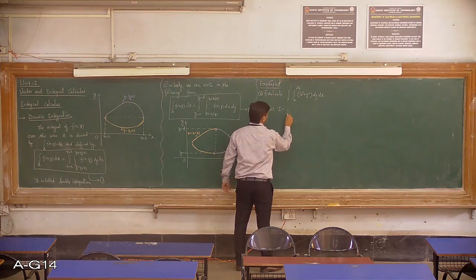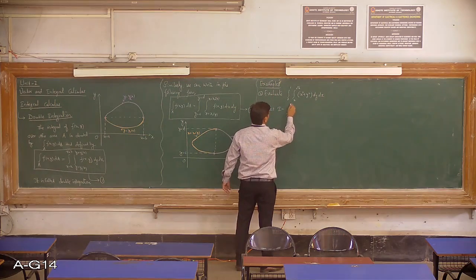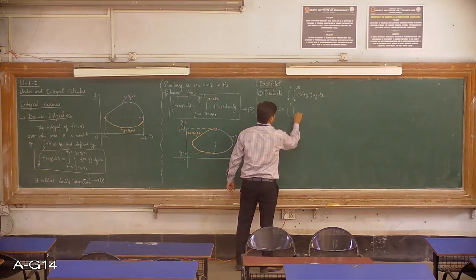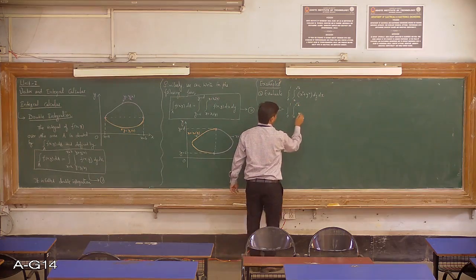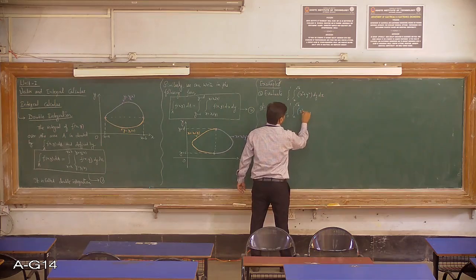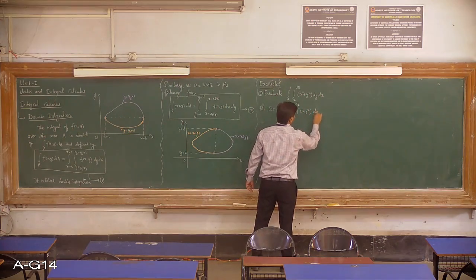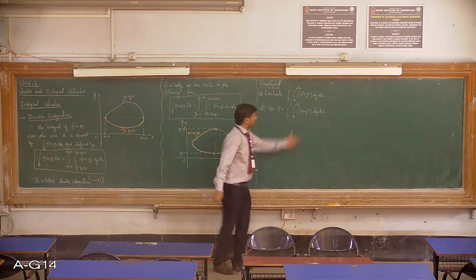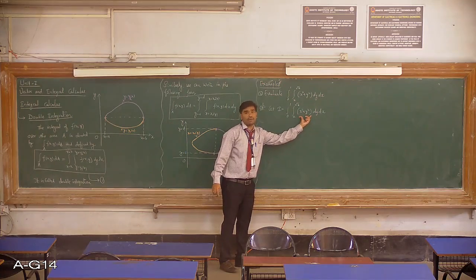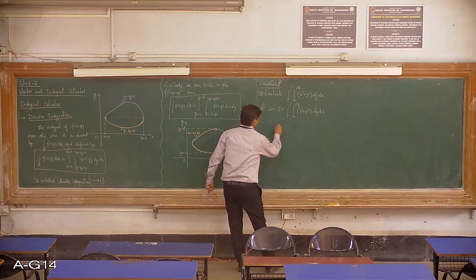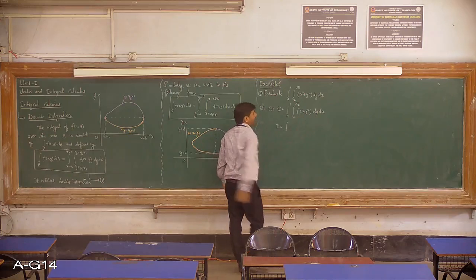I is equal to integration from 0 to 1, and here it is integration from x to root x, x square plus y square, dy dx. Okay, so this x square plus y square is f of x comma y. So now write the variables.